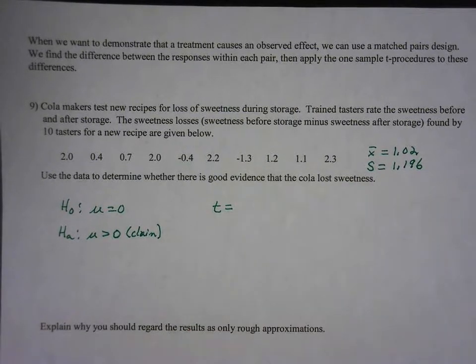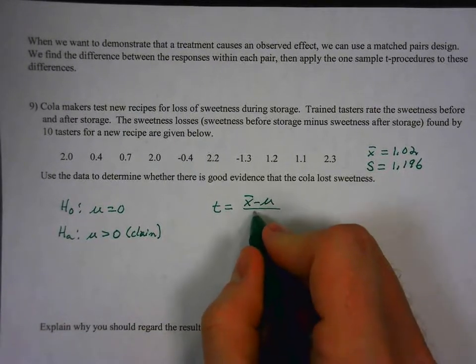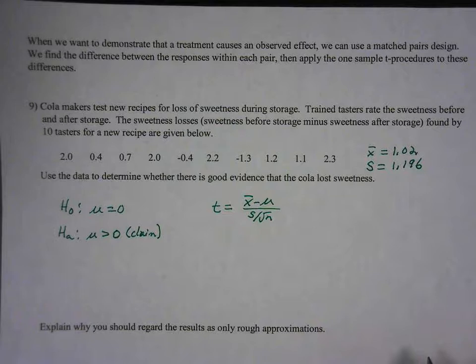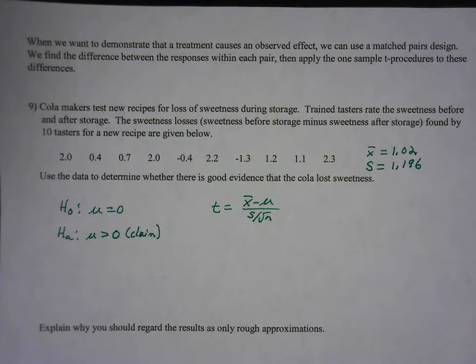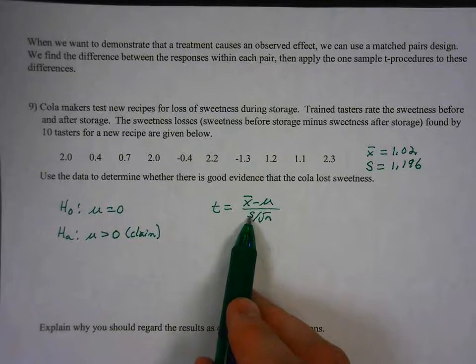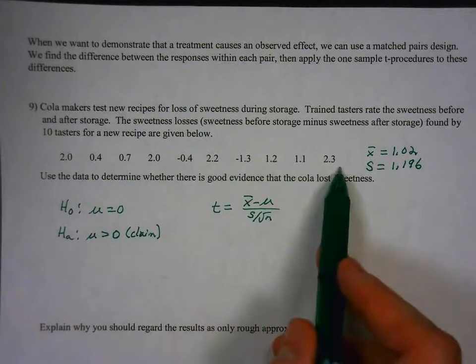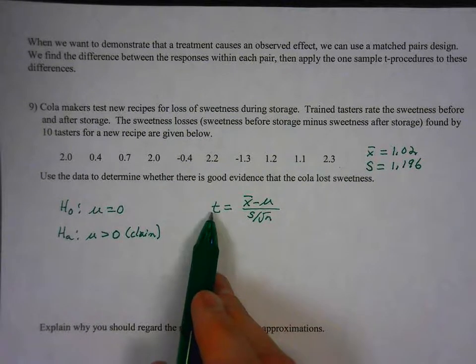So our test statistic is x bar minus mu divided by s over the square root of n. We're using s because the sample standard deviation came from our sample of values here. That means we're using the t distribution for our test statistic.